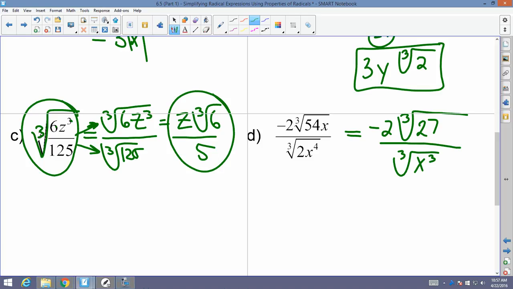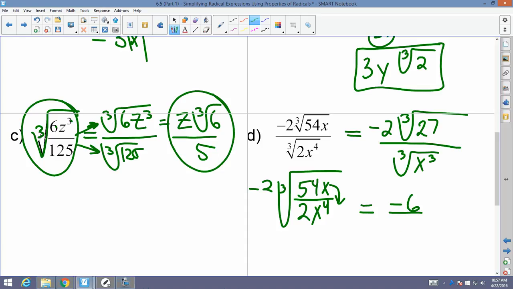Look at what happened here, guys. This becomes negative 2 times the big fat cube root of 54x over 2x to the fourth. 54 divided by 2 is 27. That's why I brought it up. But down here, I got to bring this x down. That's x cubed. What's the cube root of x cubed? Okay, so at the end, what's the cube root of 27? So this is going to be negative 6 over x.